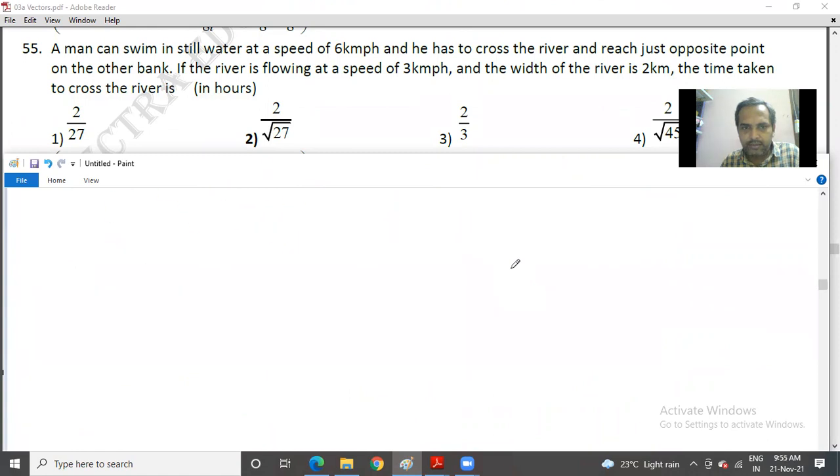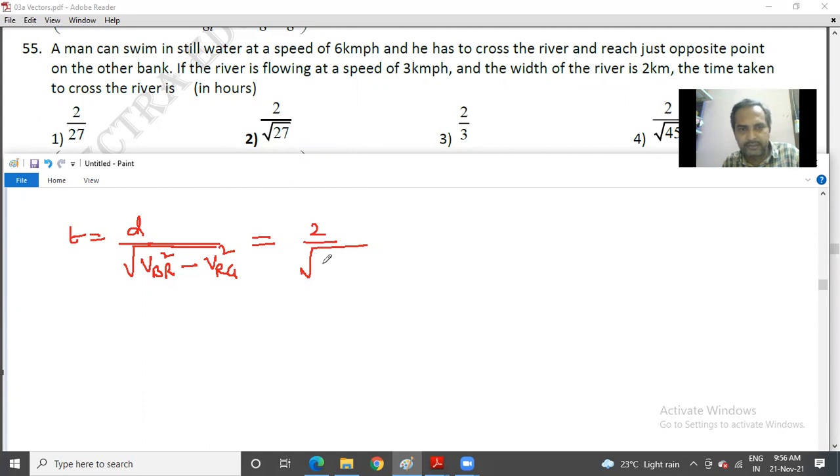So T is equal to D by root over VBR square minus VRG square. So in the question, what is D given is? D given 2 kilometers. Then VBR square.